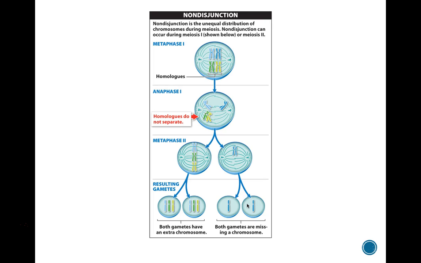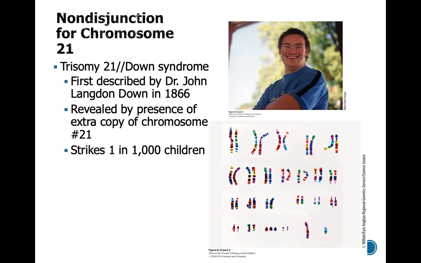Please let me know if there's some confusion on that. I know our book doesn't show what actually happens here when these are fertilized, so sometimes it's kind of hard to understand why the problem occurs after fertilization. The most famous non-disjunction is for chromosome 21.